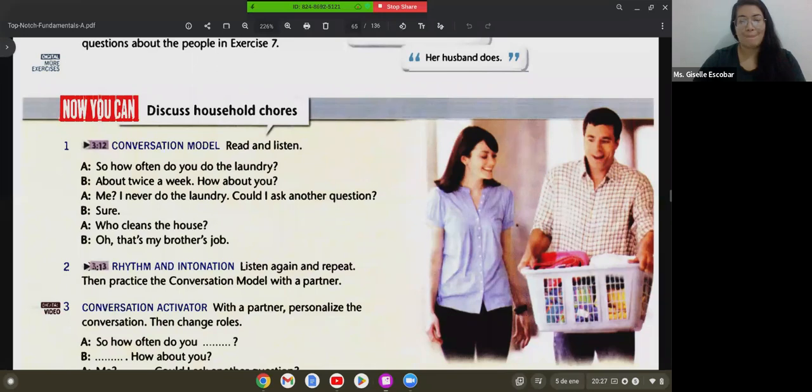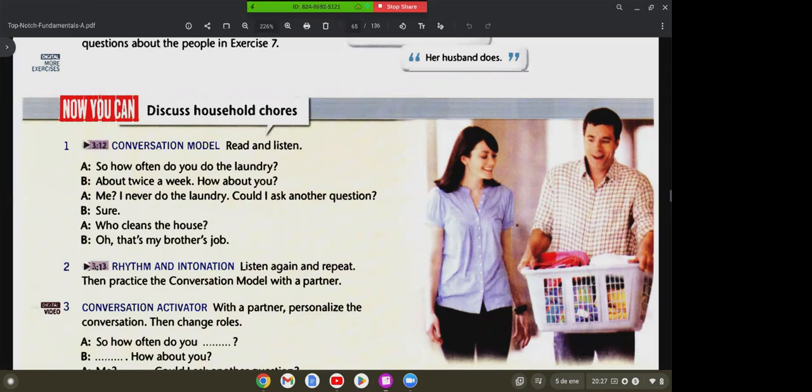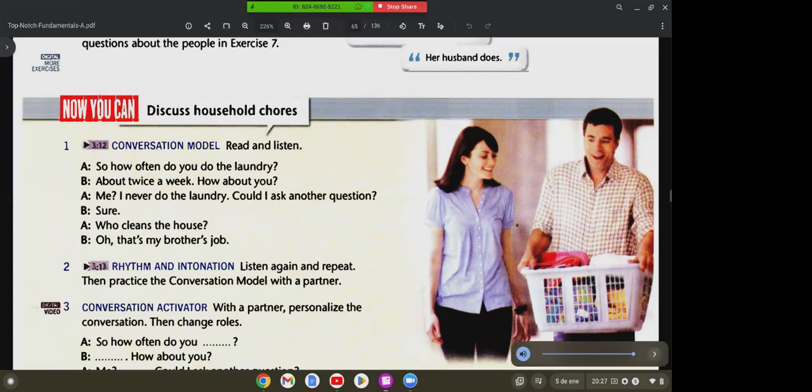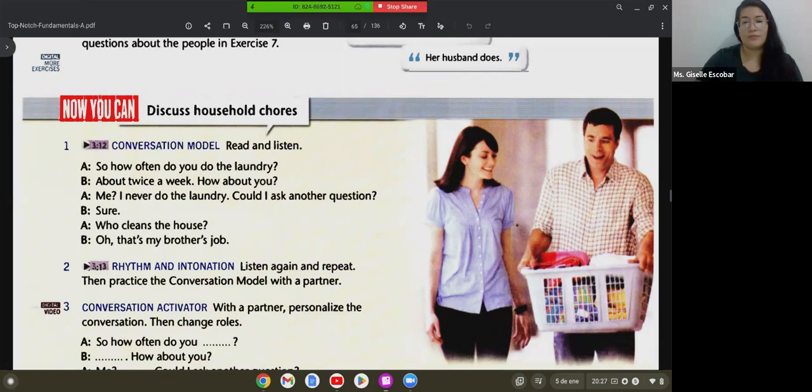Listen again and repeat. Then practice the conversation model with a partner. So how often do you do the laundry? About twice a week. How about you? Me? I never do the laundry. Could I ask another question?